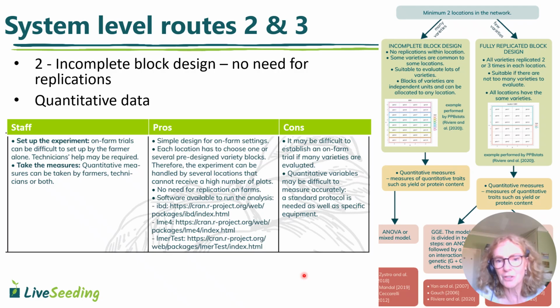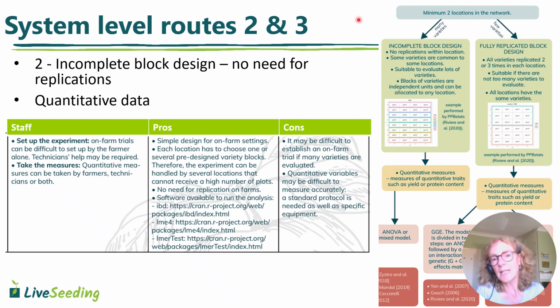These are much more your standard traditional approach to assessing varieties, usually done on research stations, but could be done on a farm. You can see here much smaller numbers of locations required, could be as few as 2, but many varieties could be analyzed in an incomplete block design, fewer varieties in a fully replicated block.